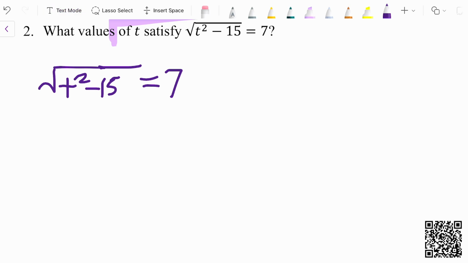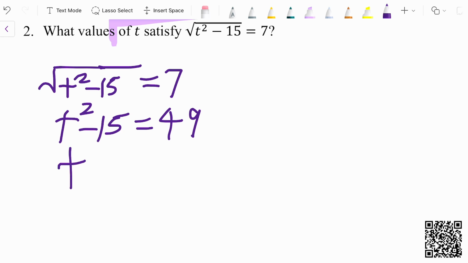If we square both sides in this equation, which is legal, you would get t squared minus 15 is equivalent to 49. If we move the negative 15 to the other side, it would be positive 15 now. So t squared is equivalent to 64.